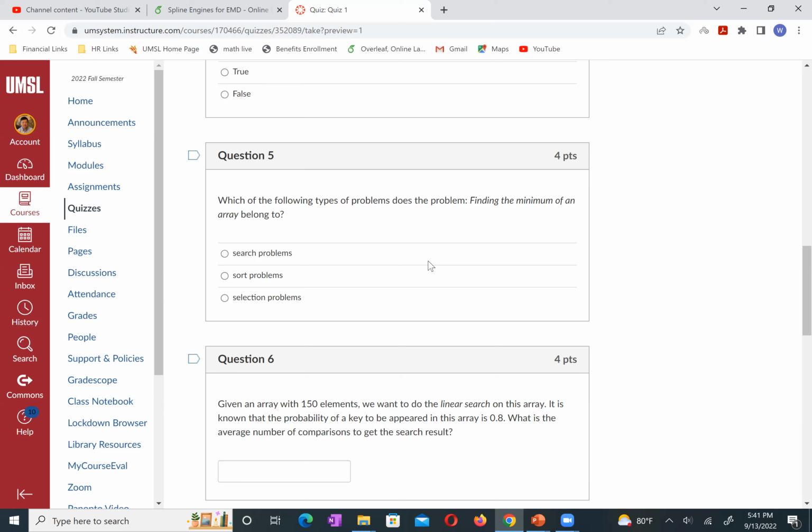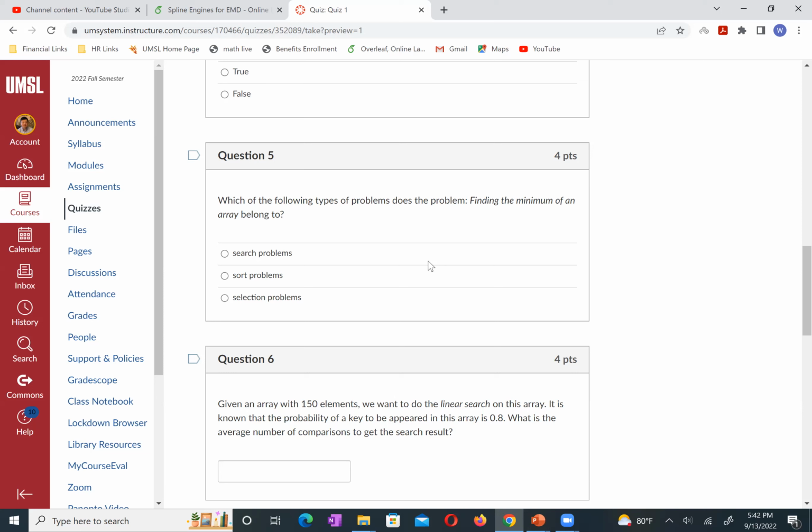Finding the minimum belongs to one of the three categories. I just ask you which category it belongs to. So you look at our notes.